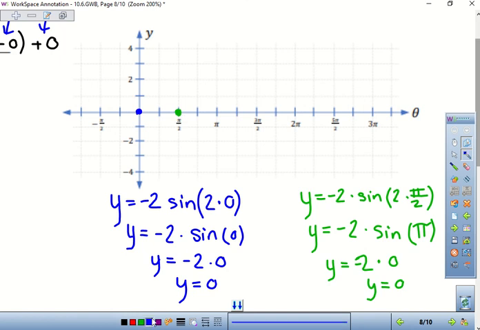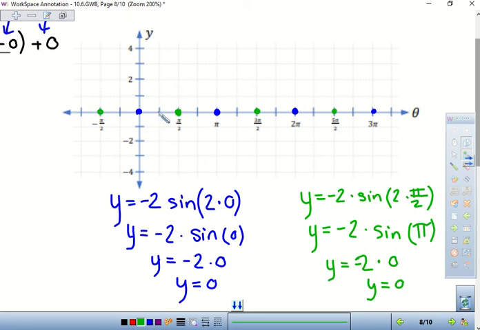And spoiler alert, if you plug in pi, and you did the math, it's also 0. And if you plug in 3 pi over 2, it's going to be 0. If you kept going, every other one comes out to be 0. You could test this out and do the math I just showed you, and I promise it works. So something's wrong here. Anybody have a guess on what's going on?